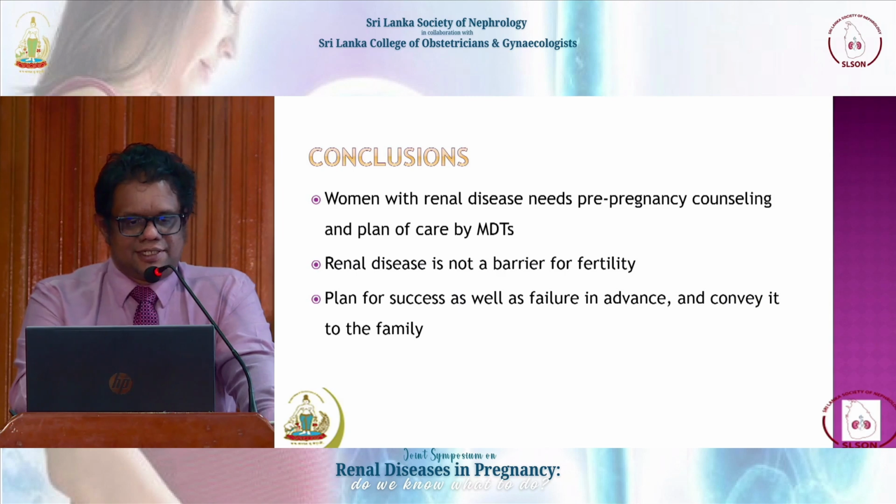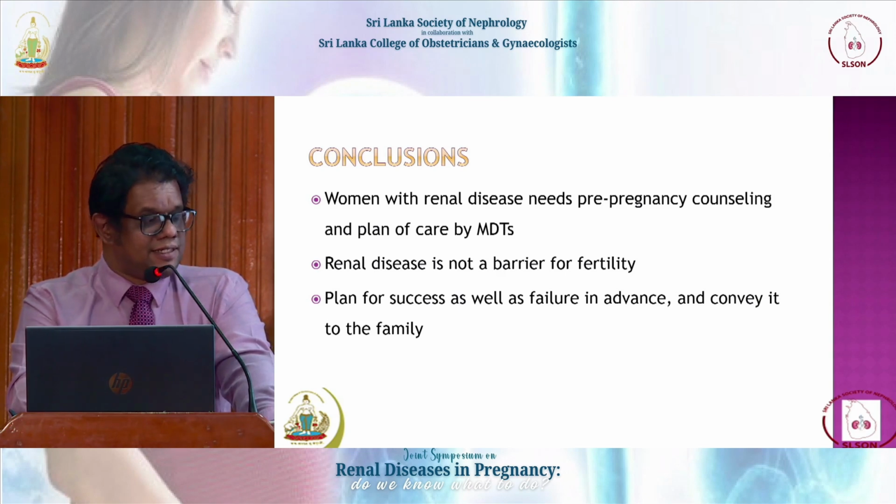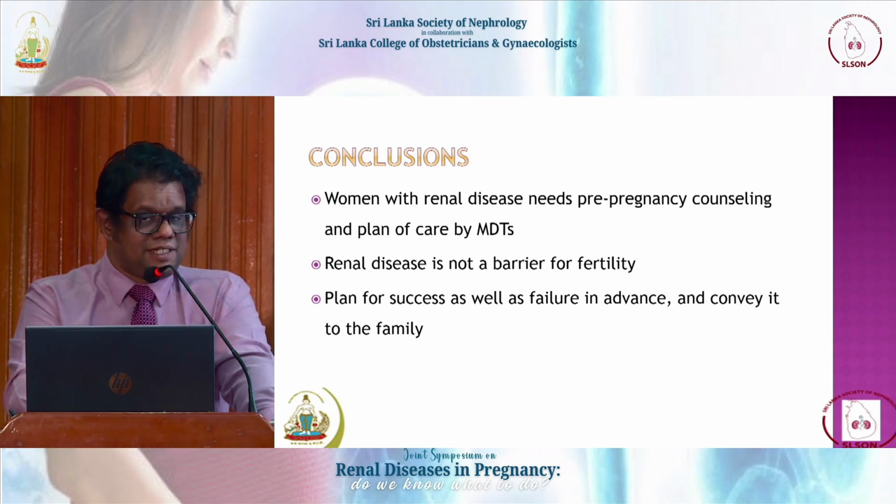So in conclusion, women with renal disease need pre-pregnancy counseling and a plan of care by MDTs. Renal disease is not a barrier to fertility, and plan for success as well as failure in advance and convey it to the family.